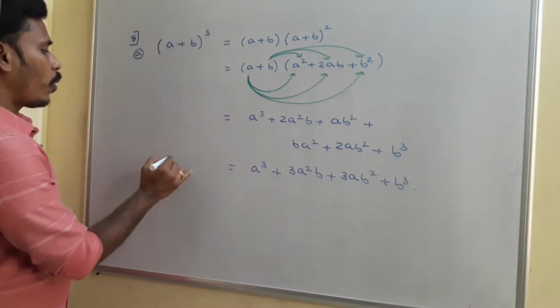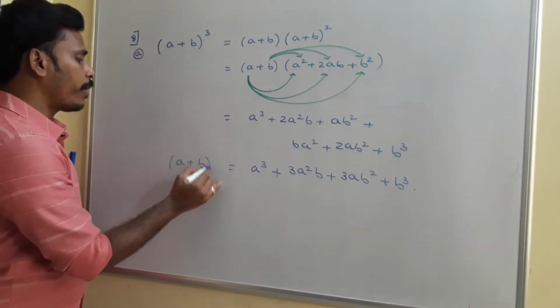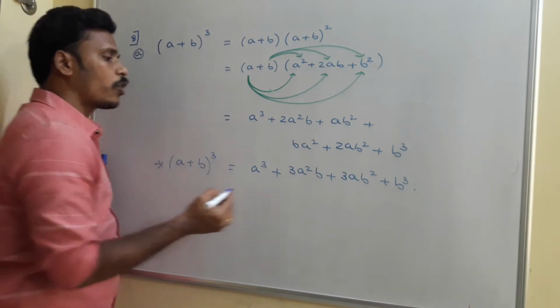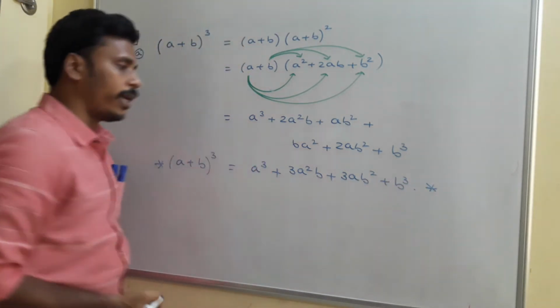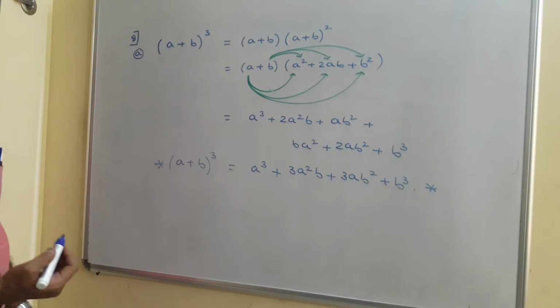So at the end, what we have is (a+b)³ equals a³ + 3a²b + 3ab² + b³.